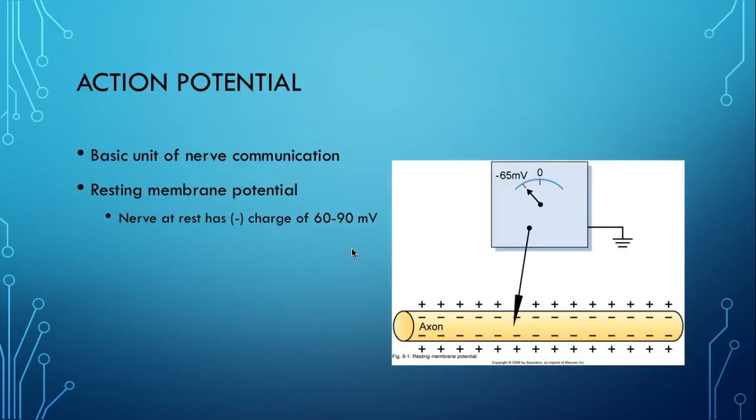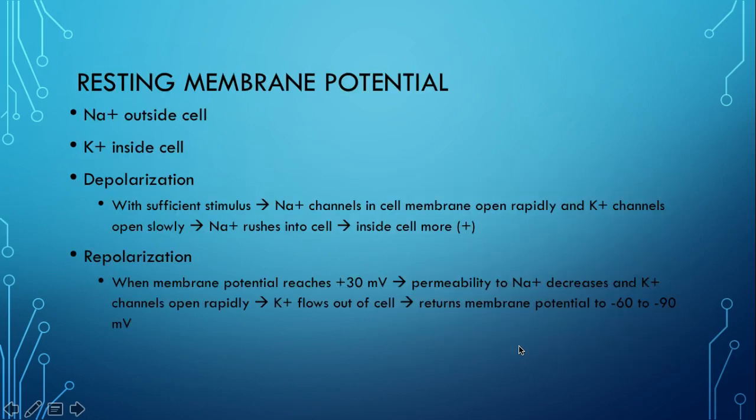And this is just showing you basically what an action potential looks like. At its resting point, it's a neutral charge, and it rests somewhere between 60 and 90 millivolts right here. Okay? So we have sodium outside the cell and potassium inside the cell.